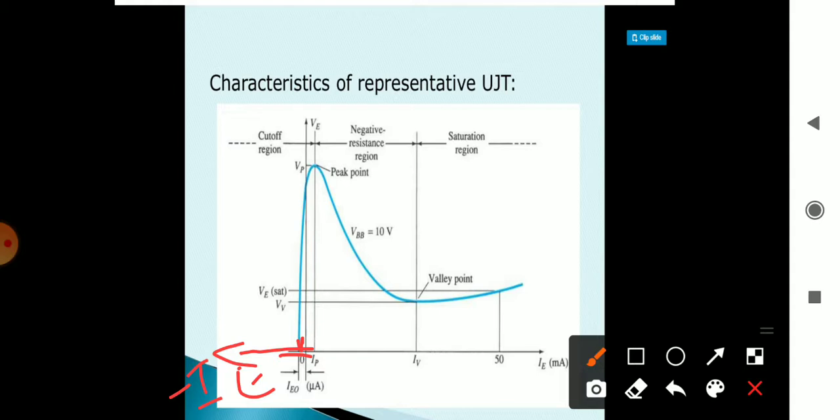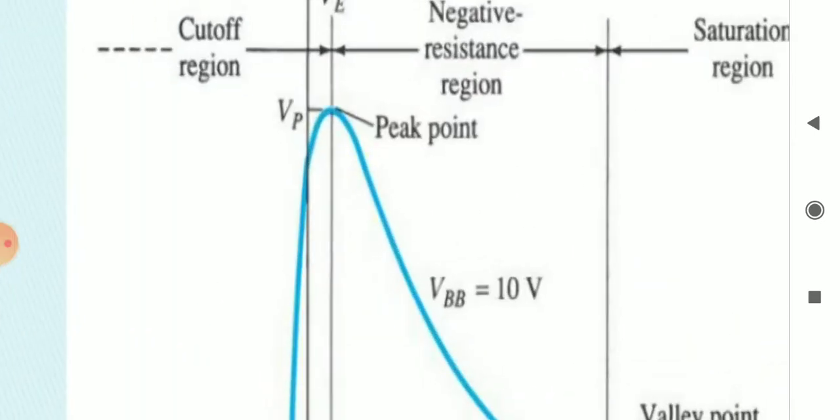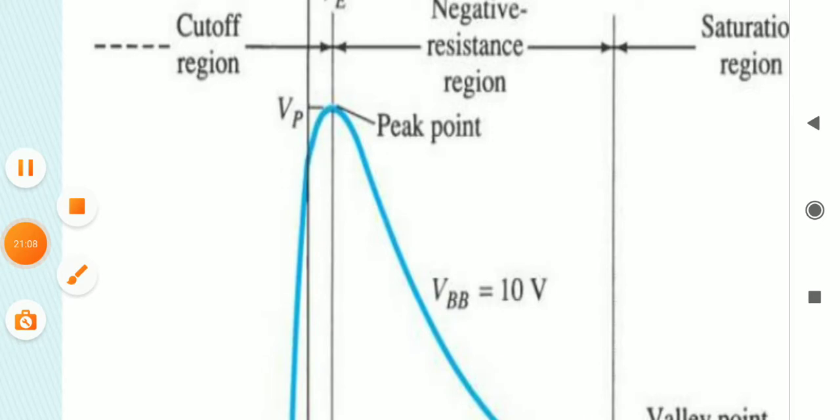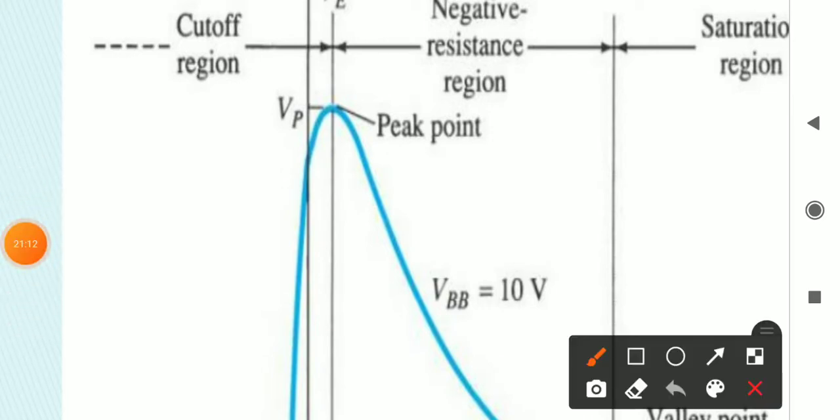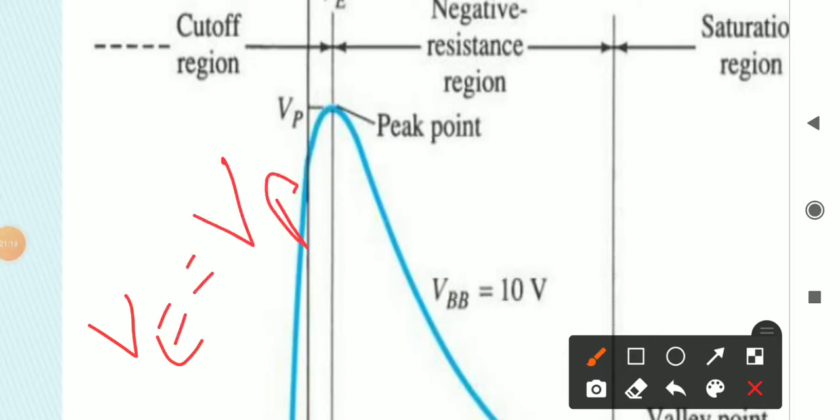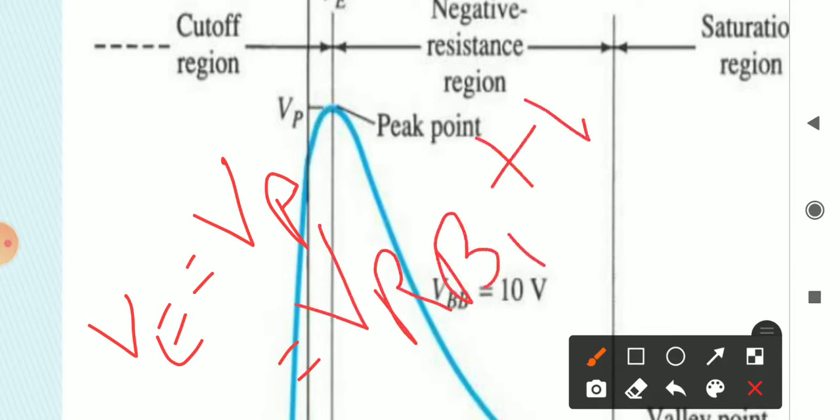So if I reach the value of VP that you can see over here, what is the condition to turn on the UJT? The emitter voltage VE should reach a value of VP, where VP is nothing but the VRB1 drop plus the VD drop.